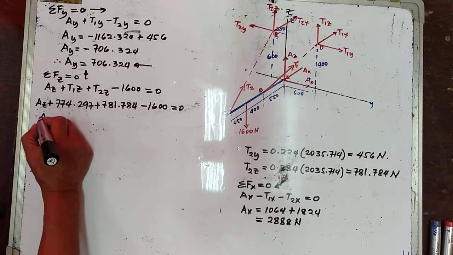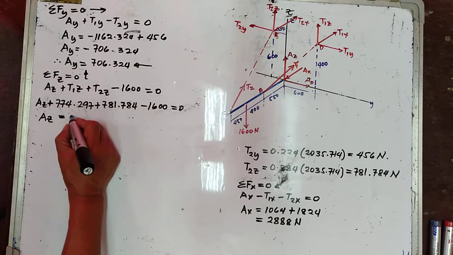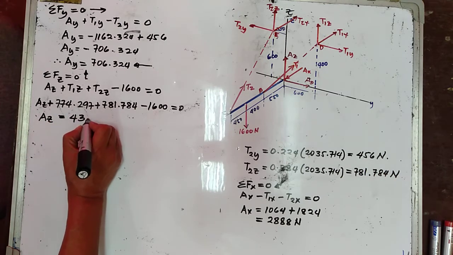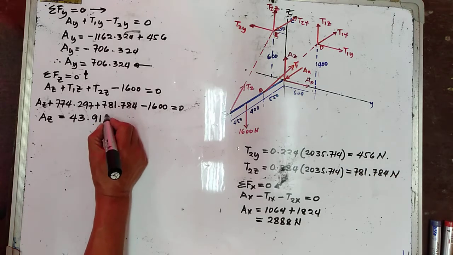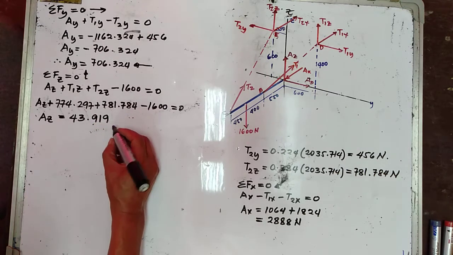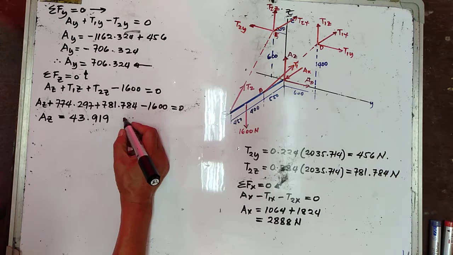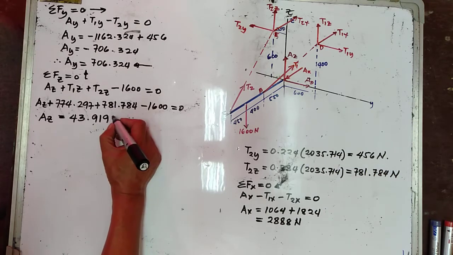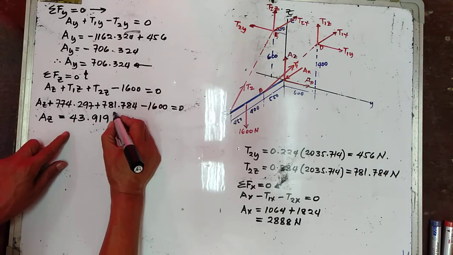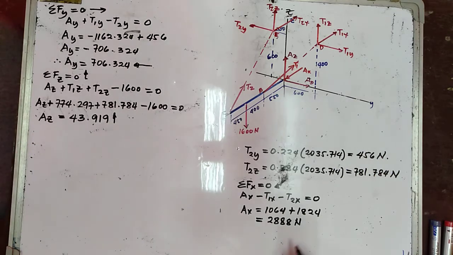So your AZ is equal to 43.919, and this is now going with a positive value. It goes upward. Your AX is positive and it goes forward.